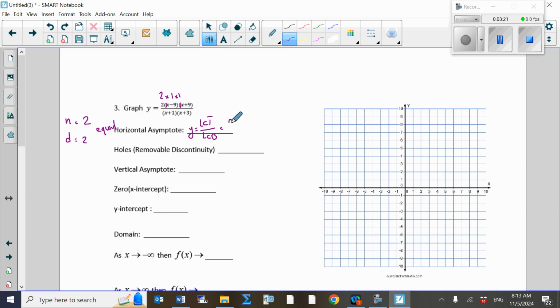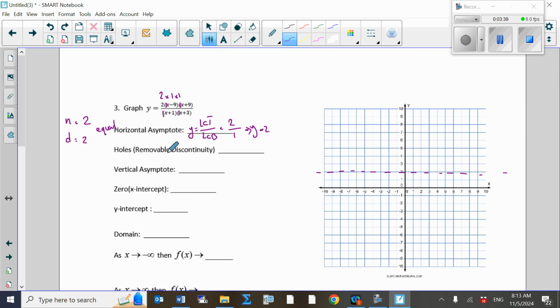So the leading coefficient of the top is 2. For the bottom, this factor has a leading coefficient of 1. This one is 1. 1 times 1 is 1. So y equals 2 is the horizontal asymptote.